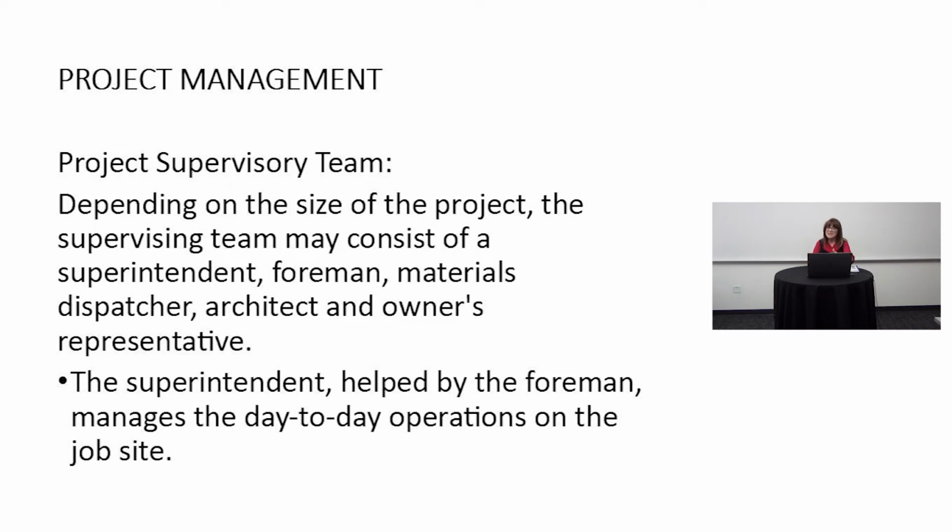The superintendent, helped by the foreman, manages the day-to-day operations on the job site. So you've got your job super, you've got your foreman, you've got your project manager, then your superintendent, then your foreman.